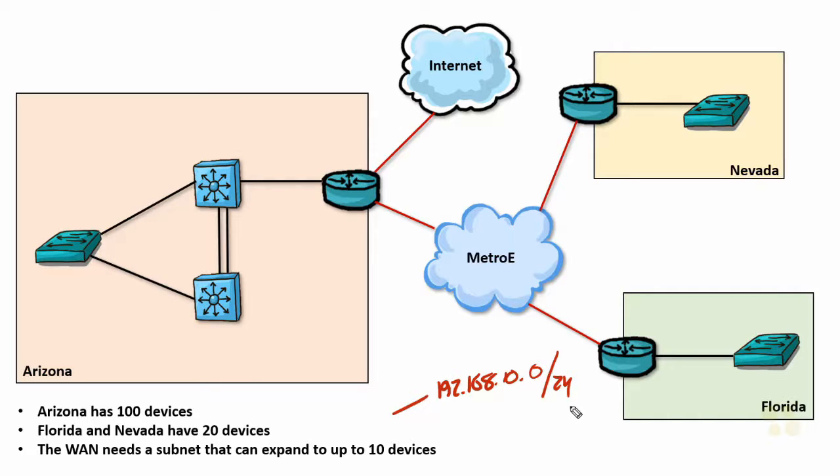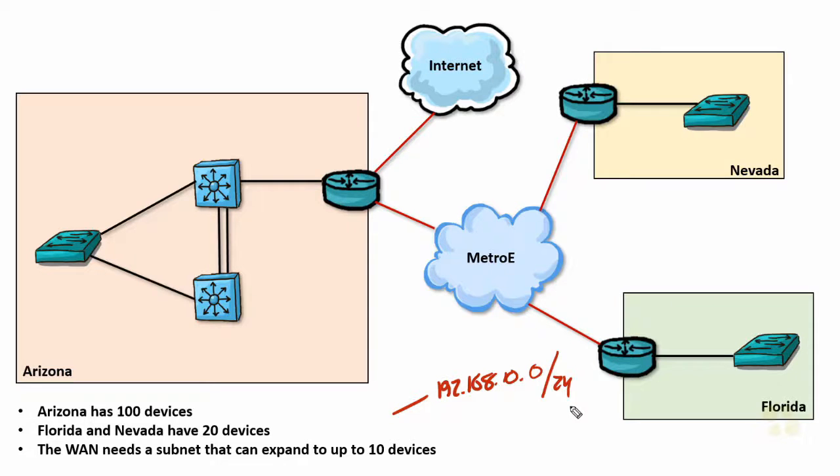Huh, okay. So without VLSM, what would you do? I'd look at it and figure it out based on 100 devices, right? Because that's the biggest subnet, and I would get that, and I'd have my subnet mask. But the problem is, you'll be able to do this too. You'll do subnetting in your head.